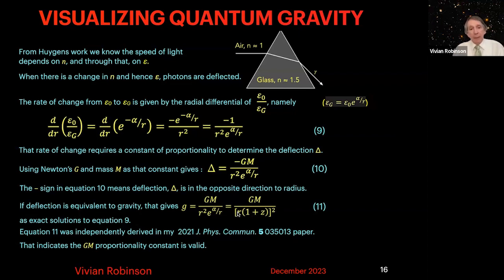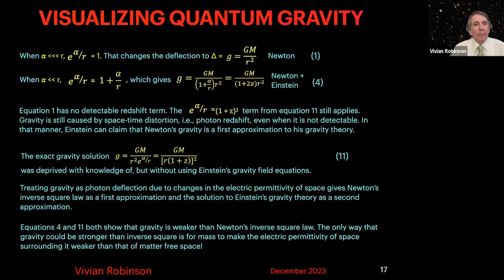The distance r became the distance r times 1 plus z. The whole thing is then squared. Now, this term is the exact solution to this. Equation 11 was independently derived in my 2021 JPhys Com paper. That indicates that the GM proportionality constant is valid.